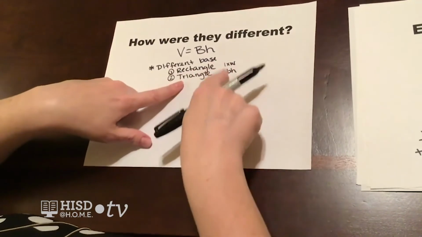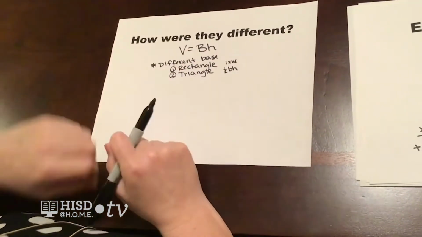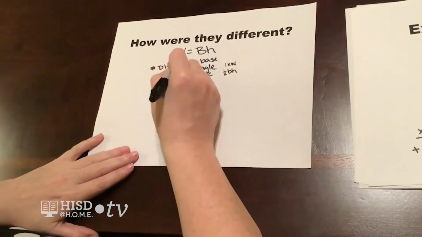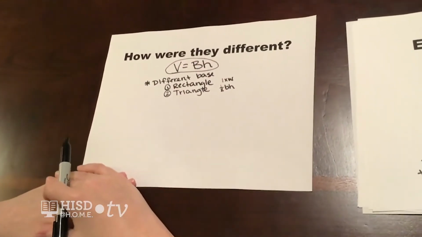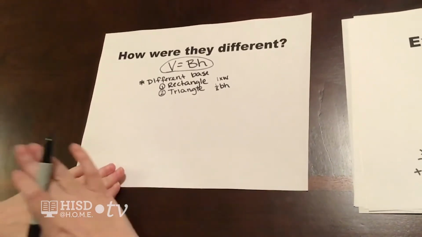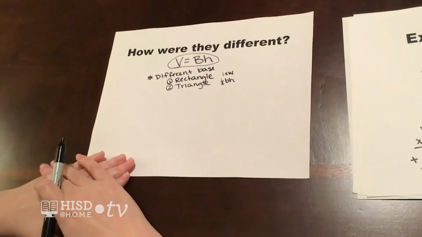Depending on the base, that formula will change for big B. But in the end, this is the formula that we used. All prisms can be solved getting the volume V equals big B times H.